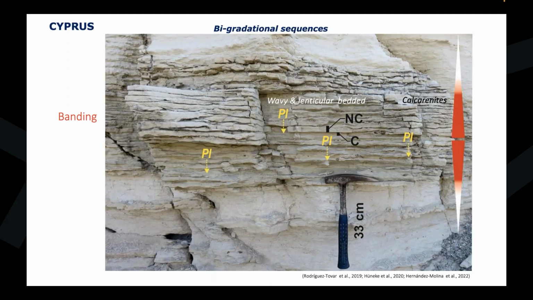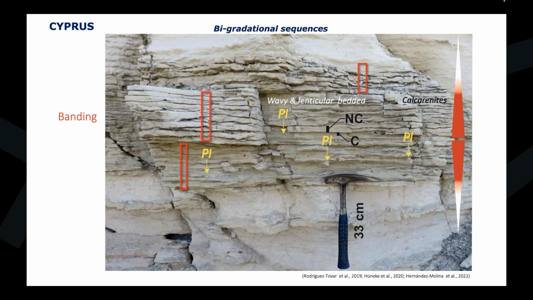This is Middle Miocene in age, showing these bigradational sequences. Let me use these names, though I know they are not so well considered at the moment: calcilutite in the lower part, calcarenite in the central part, and then calcilutite again in the upper part. It is quite interesting because you can also see that the thickness of the layers changes. It is thinner in the lower part, thicker in the central part, and thinner again at the top.